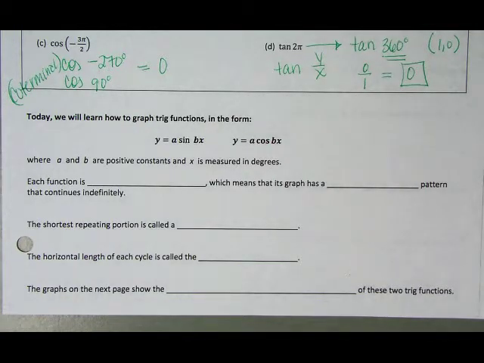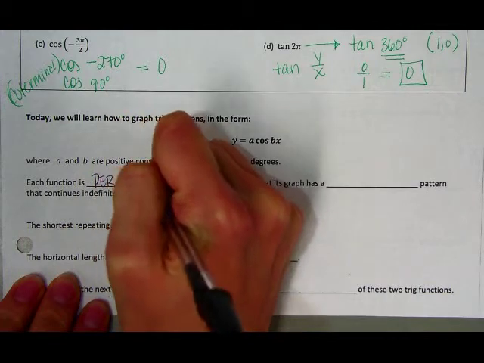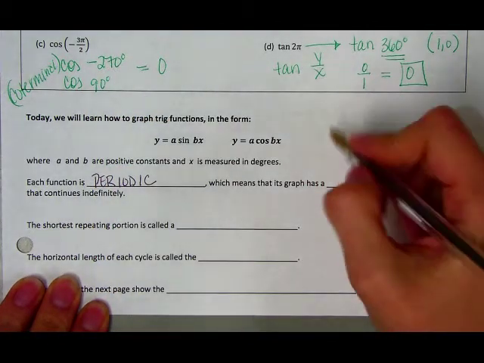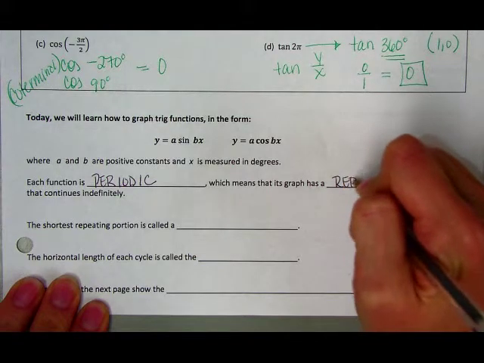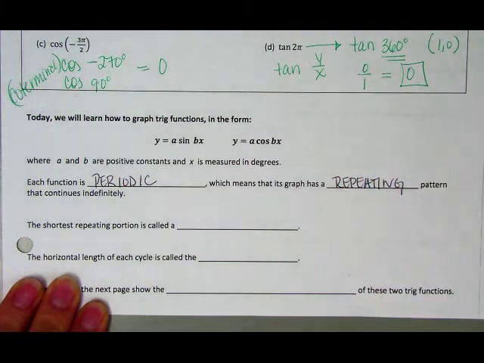So for each function, there's a couple of vocab words we're going to go through before we get into actually graphing these functions. A couple things about these graphs: each function is what we call periodic. And what periodic means is that the graph has a repeating pattern that continues indefinitely.